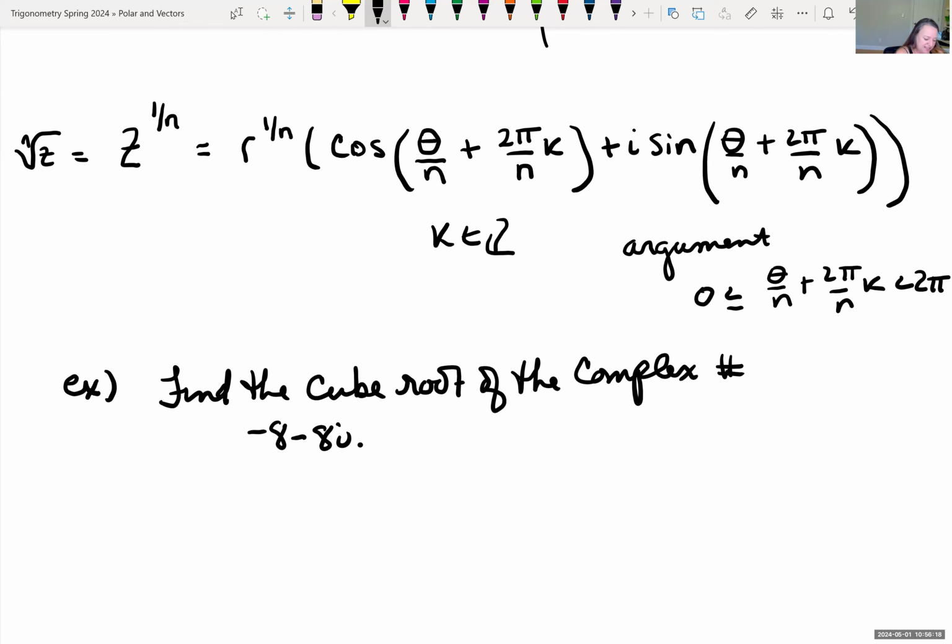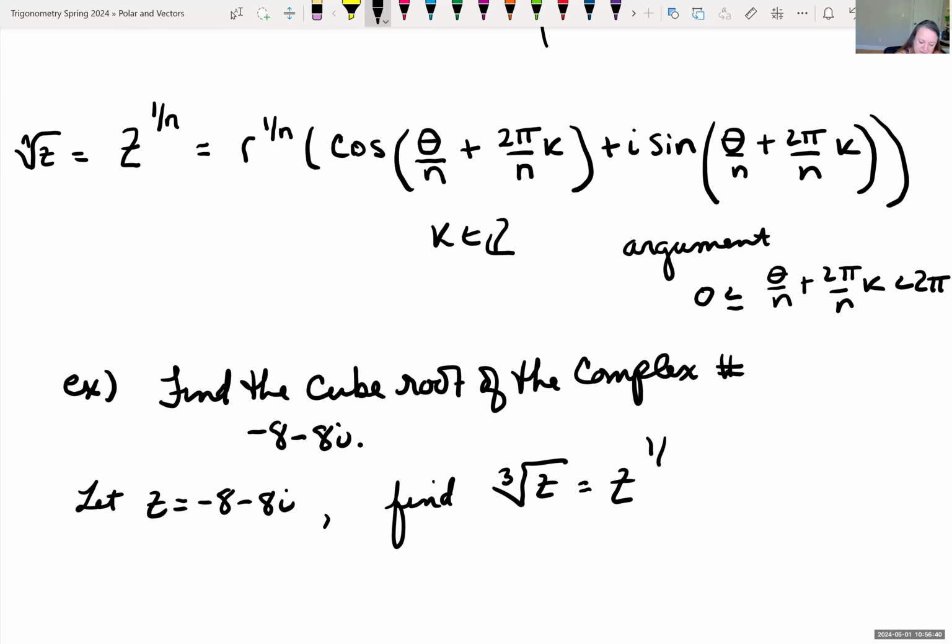So maybe we can just say let z equal this, -8 minus 8i. And so that means we want to find the cubed root. Another way to write this is the cubed root of z, or we can write this as z raised to the 1/3 power.